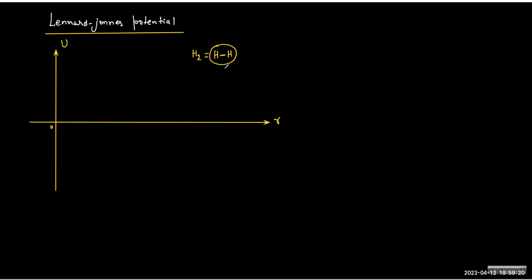Do you know this? Yes, sir. So what is bond length? Can you explain? It is the separation at which it attains the lowest energy configuration. Okay. So the force will be zero at that position.